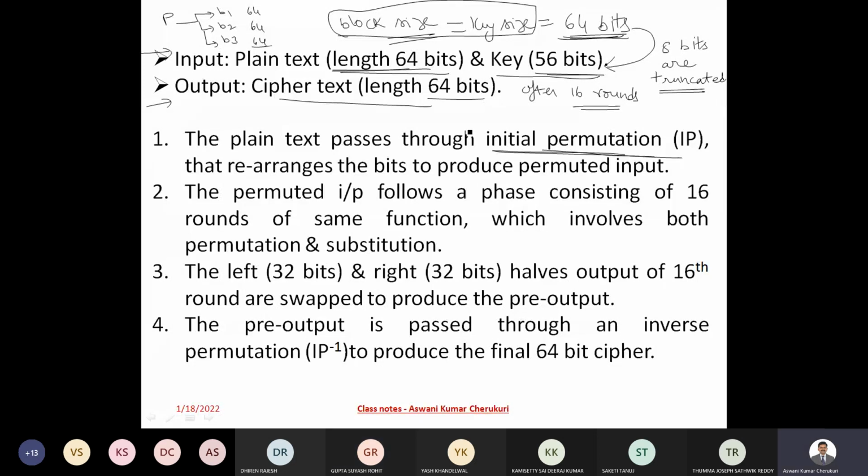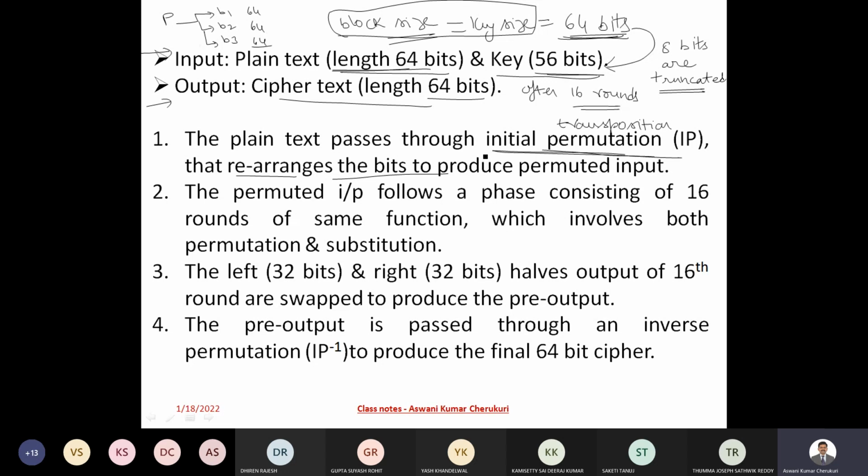It is typically a transposition operation done on the plaintext, so you are rearranging the bits. You have 64 bits and you rearrange them. Say, for example, you take the 40th bit and keep it in the first location, then take the 30th bit and keep it in some other location. So you are just performing permutations.